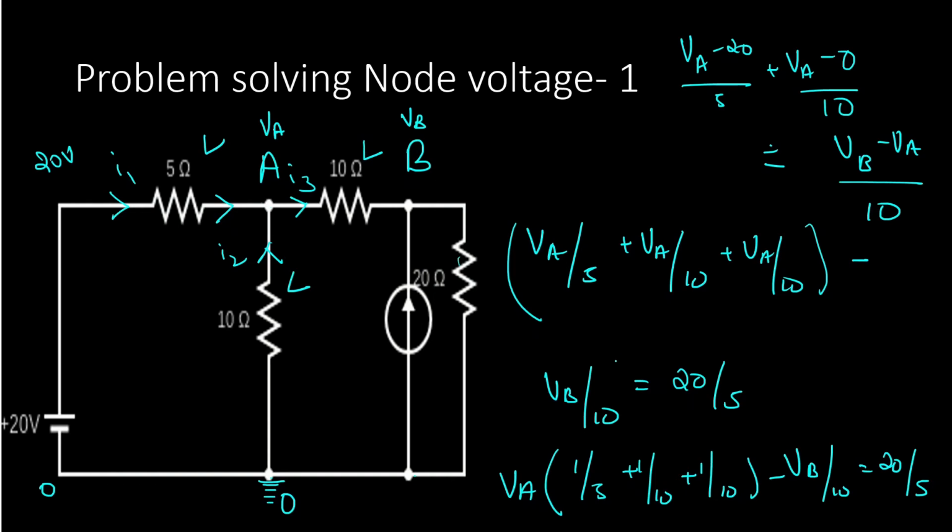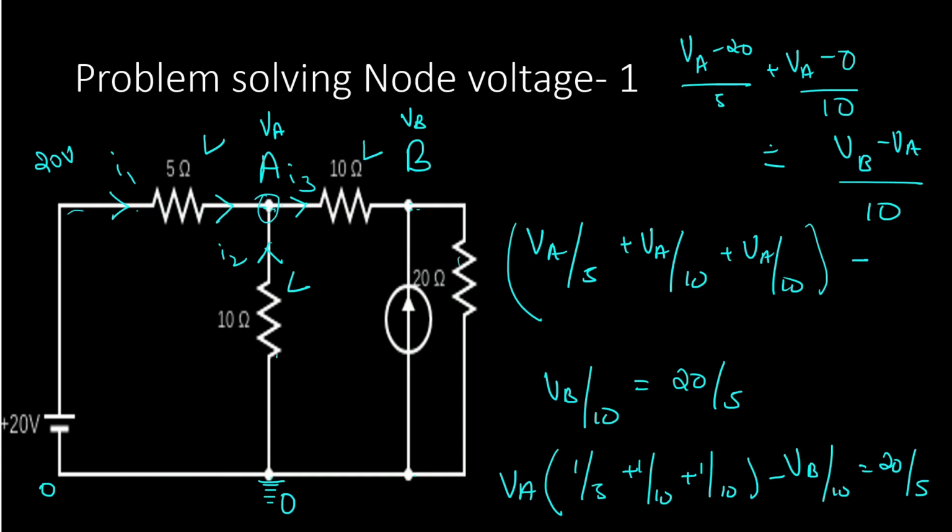So we are adding whatever are the connections in A, this 5 ohm resistance, this 10 ohm resistance, this 10 ohm resistance, and this 20 volt connection. We are adding the reciprocal of the resistances which are connected to that node VA, and we are subtracting whatever is the resistance connected between that node and the other non-reference node. We are subtracting the reciprocal of that resistance into the voltage of the non-reference node.